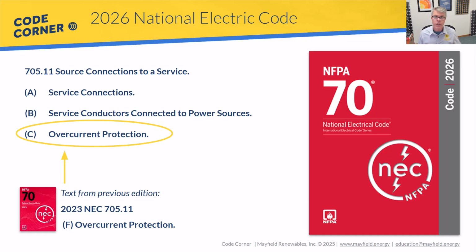In 2023, those requirements went away, and we were applying the code more like a typical service, in the sense that there aren't distance requirements for those conductors. But in 2026, we've gone back to very similar language as what we had in 2020, almost identical in a lot of ways. The words may have changed a little bit, but the way that we're applying it is really going to be the same.